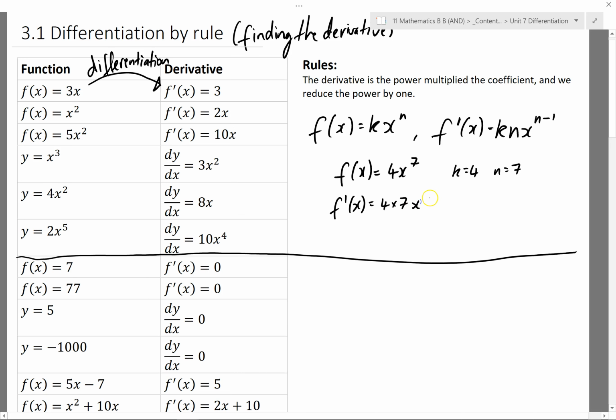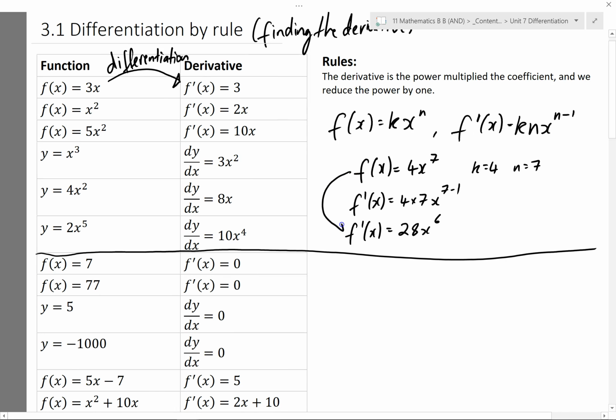I put my variable here and subtract 1 from the power, 7 minus 1. Then I could simplify this as 28x to the power 6. Once you've done a few of these using this rule and showing it properly, by all means we expect you to just skip this step.